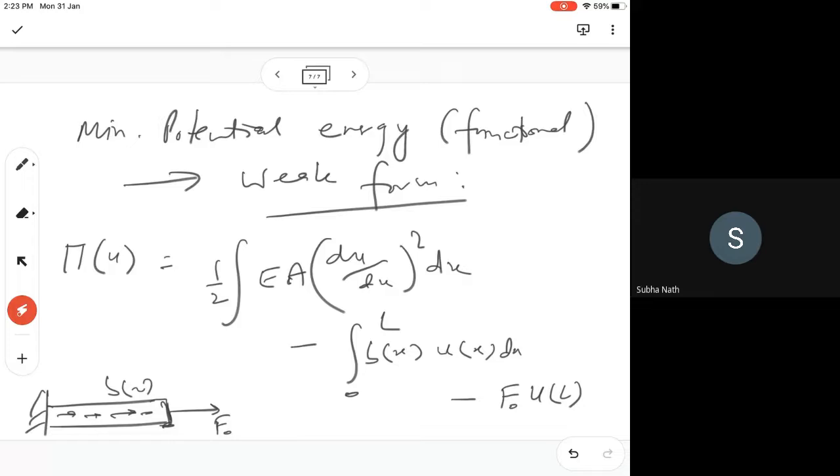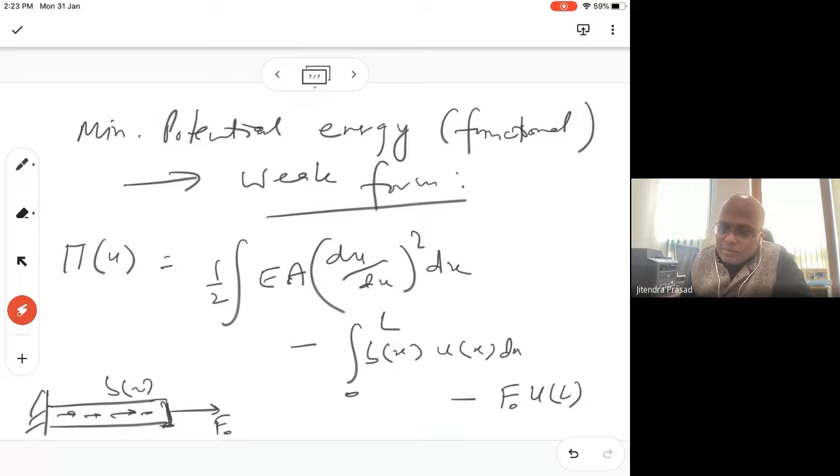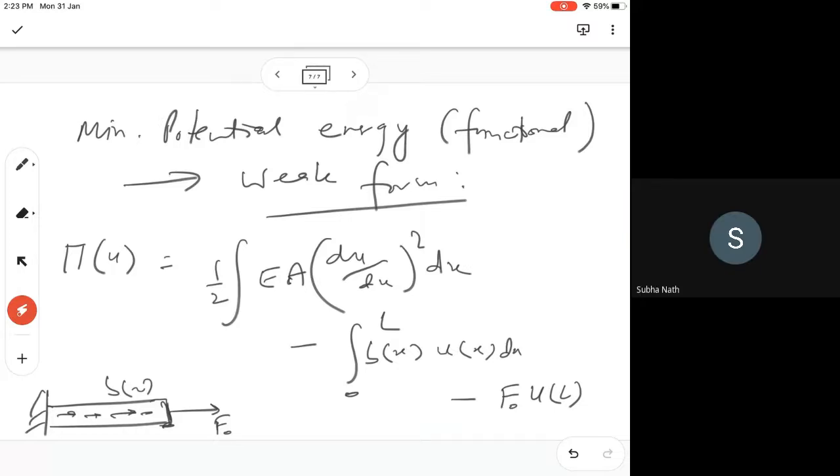Sir, why is it like this? No, I did not get you, say again. Sir, in the potential energy statement you are using F0 u(L) as the additional force, but in the previous weak form, in the Galerkin method, you didn't use F0 u(L). Why, sir? Can you please explain?